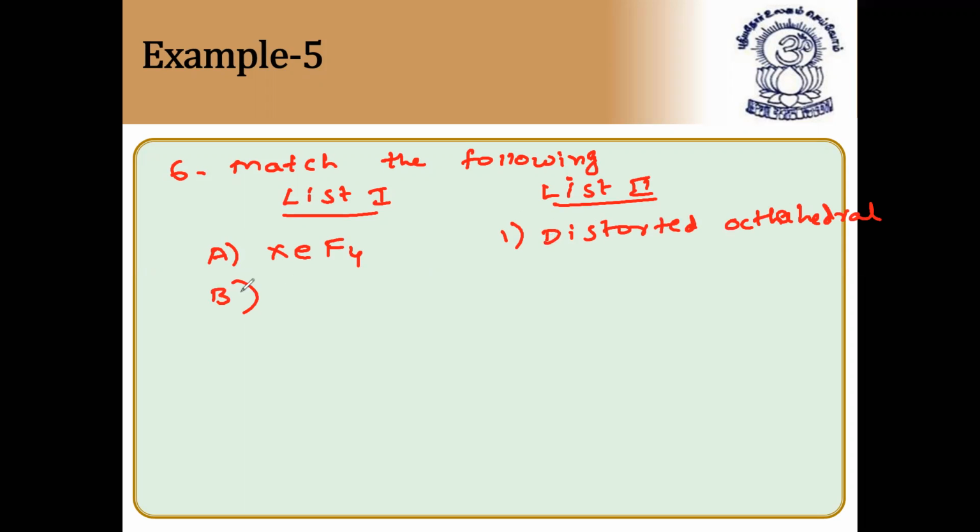Next B, xenon hexafluoride, and here the option is tetrahedral. We have to do correct matching. You will get this type of question in competitive exams. Option C, xenon trioxide. And here 3 is square planar.